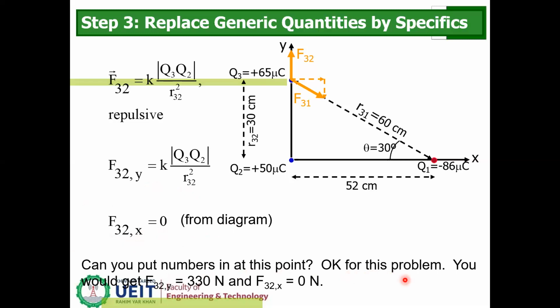Okay, for this problem, you would get F32y is equal to 330 Newton and F32x is 0 Newton. So along the x-axis, the magnitude of the force is 0, but along the y-axis, the force is 330 Newton.